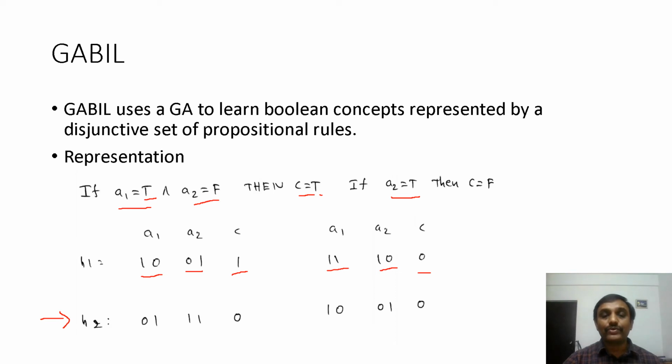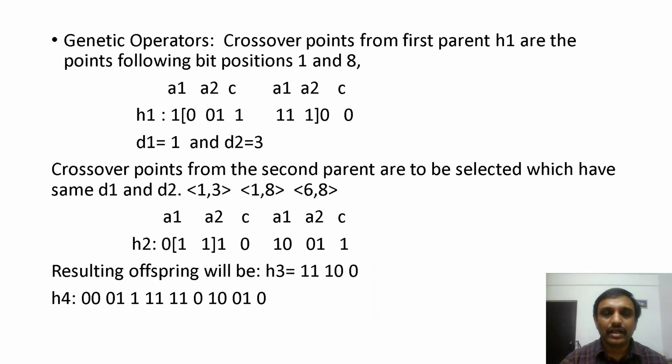After that we apply genetic operators, crossover and mutation. After taking two parent hypotheses, we apply the genetic operators to get the offspring which are to be added to the next population. So observe this crossover operation.